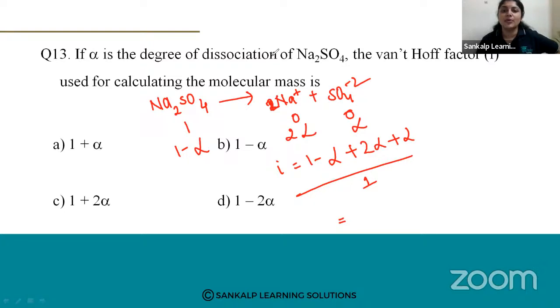After solving, you get 1 plus 2 alpha. So C is the correct option, 1 plus 2 alpha.